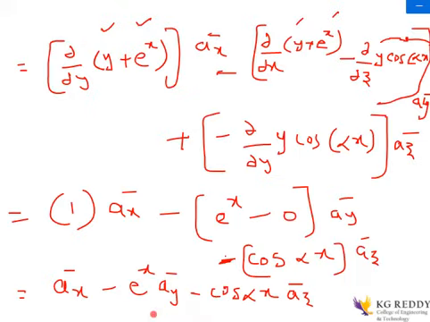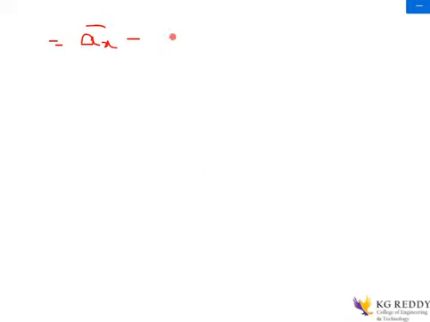So this equation now becomes ax bar minus e^0 because x is equal to 0, so minus e^0 into ay bar, okay.